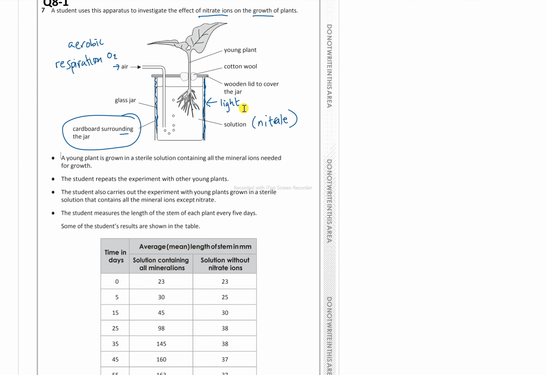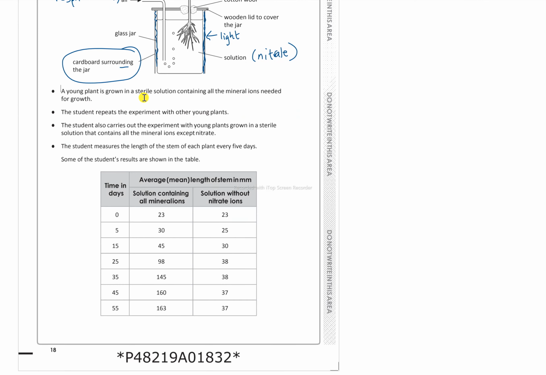Right. The young plant is grown in a sterile. Why do we have sterile? Right. Number of things. So you don't get any pathogens that cause a disease to the plant, and you don't have any other organisms. You don't have any microorganisms competing.